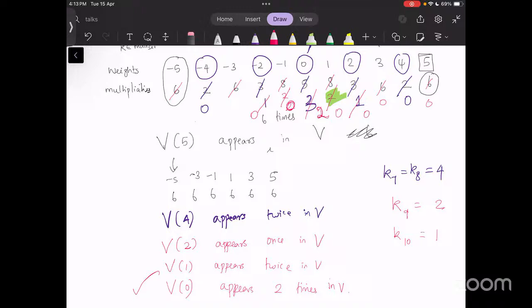The multiplicity of V2 in V is 1. Is that right? Yes. So option C is correct. And option D, the multiplicity of V4 in V is 4. Is that true? No, it is twice. So option D is wrong. That's all. Was it clear?